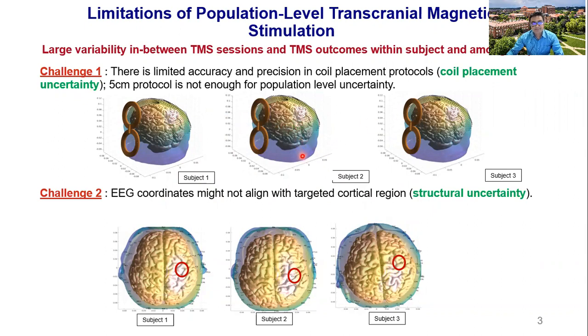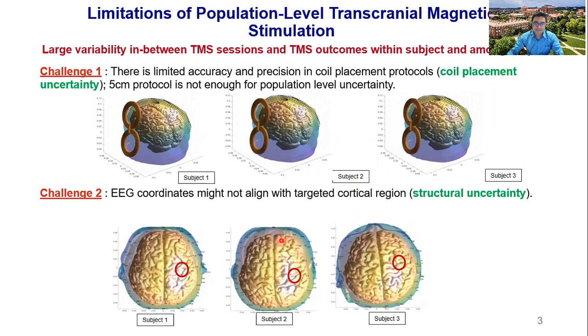But this poses a problem when you want to do the analysis on multiple subjects. Because due to the structural difference of the brain, the same EEG coordinate of the brain does not correspond to the same underlying structure of the cortical target. And that's why optimum coil position and orientation could be different across the subjects.